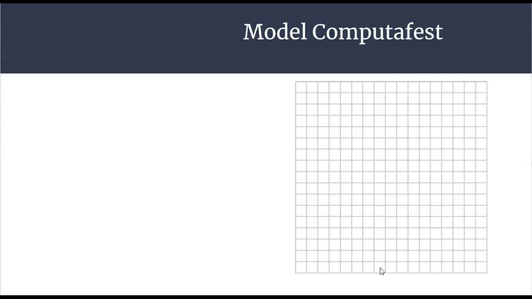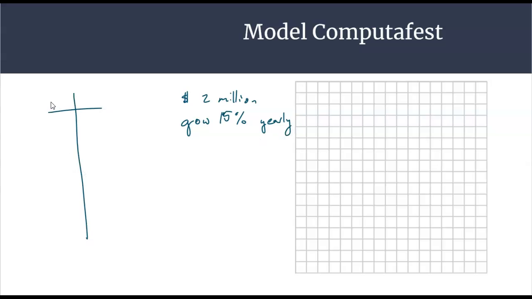So let's model Computafest now. This is the one that started with $2 million. And they're going to grow by 15% each year. Once again, we can do a table, years and millions of dollars. And we'll list out our years.